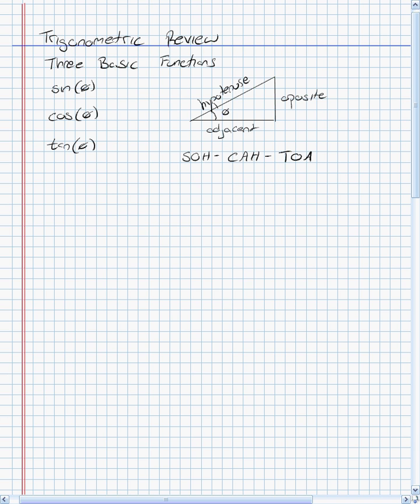What this is saying is that the sine of the angle theta of this triangle is equal to O, the opposite, over the hypotenuse, H. CAH is the cosine of the angle theta is equal to the adjacent length over the length of the hypotenuse.